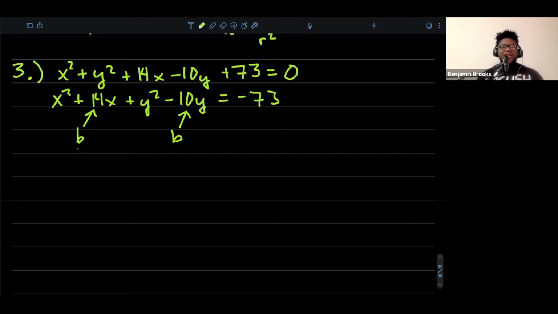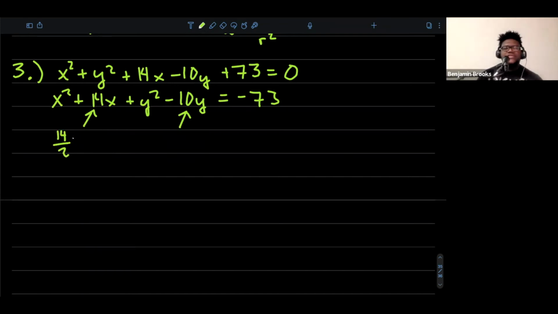But basically, the formula is this. You're going to take that number, cut it in half, and square it. Okay? And we're going to take this number, cut it in half, square it. Okay? So let's walk through that real quick. For our x values, we're going to have 14 over 2, and you can either write this right under or to the side.